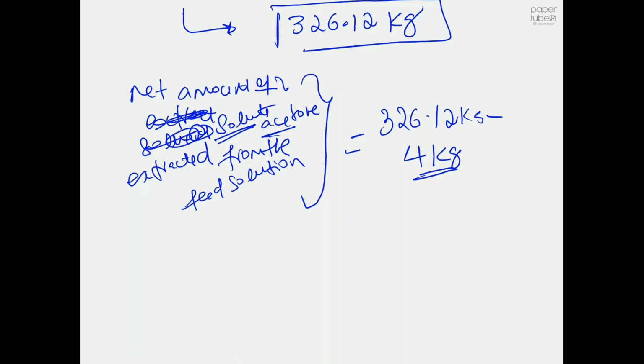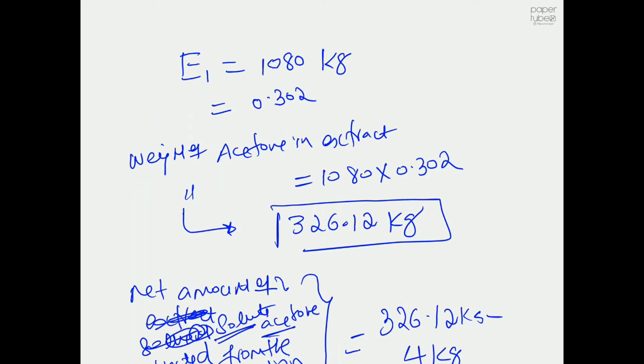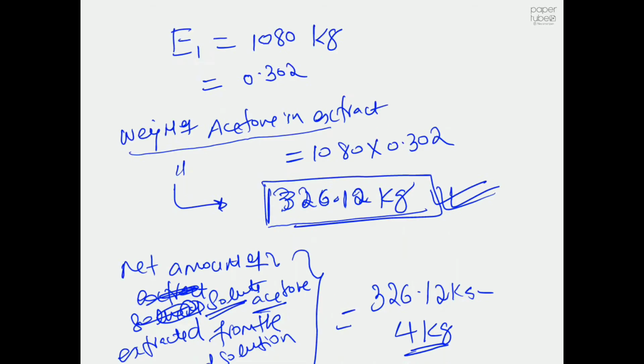I hope you all can follow this one. But imagine if we started our experiment from a pure solvent that contains no solute. Then the net amount of acetone in the extract would be equal to this number, whatever mass comes during the extraction process. But in this case, the total mass here is the sum of the mass that we really extracted using our solvent, plus our solvent already contains a bit of acetone.